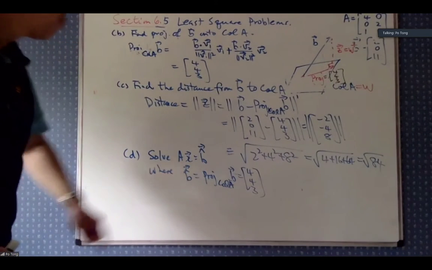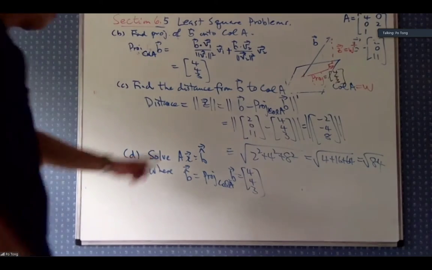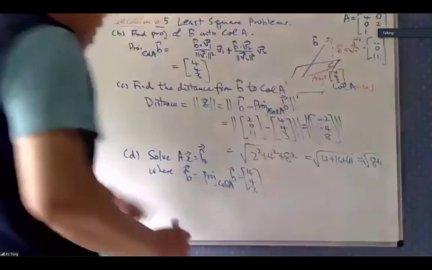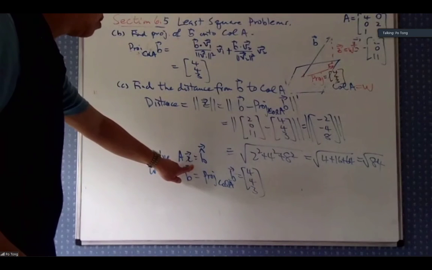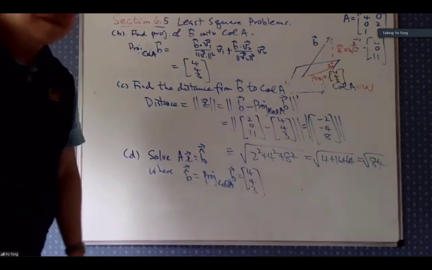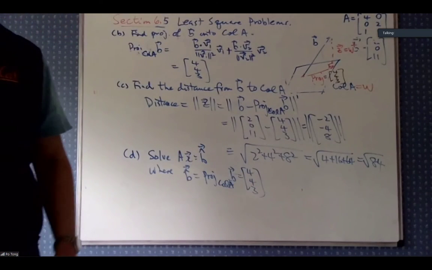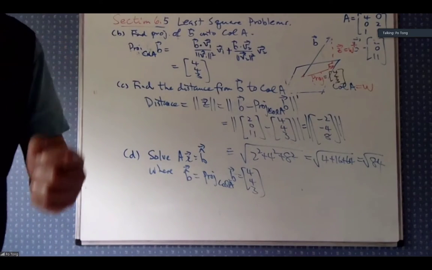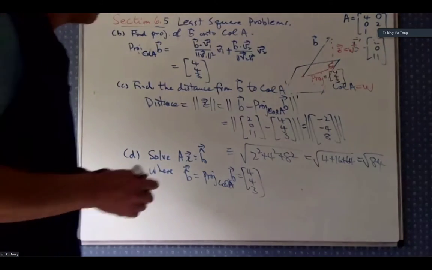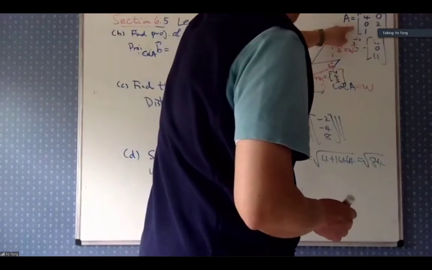Do you think this will be consistent now? We want to solve AX equal to 4, 4, 3. Do you think it's going to be consistent? This is my A.